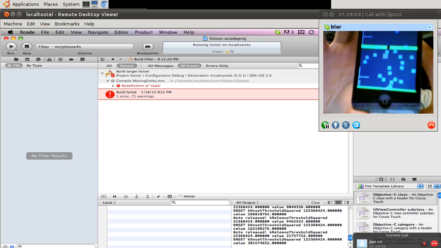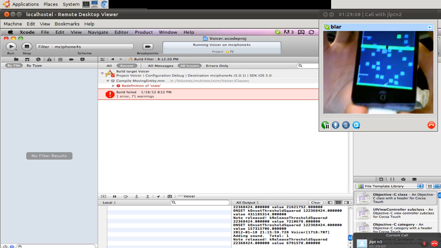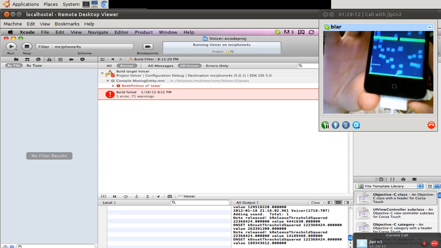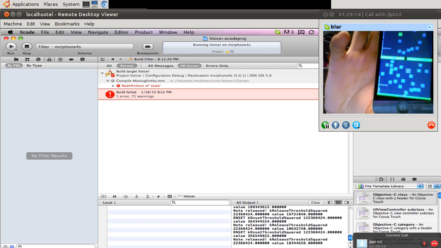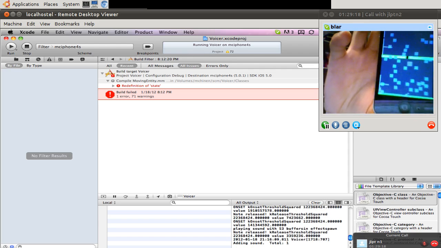So there's some... the collisions didn't happen. They just barely nicked it. No, but that looks like it hit it. And that guy hit it. And that guy hit it. Yeah, so we're pretty good.